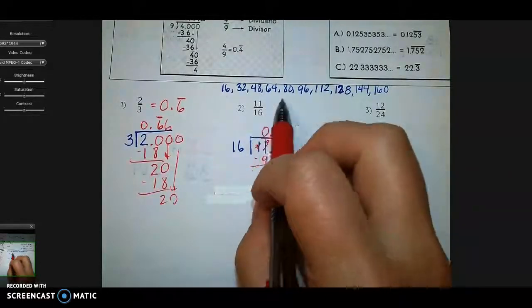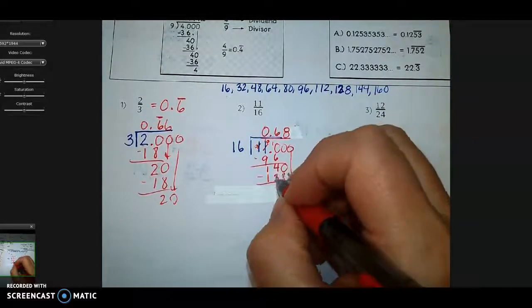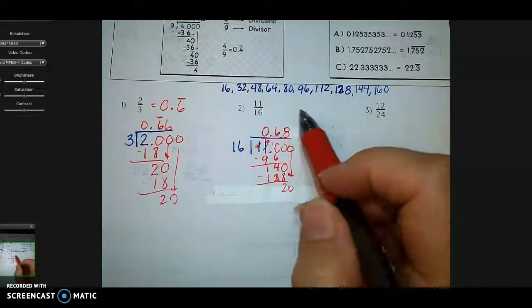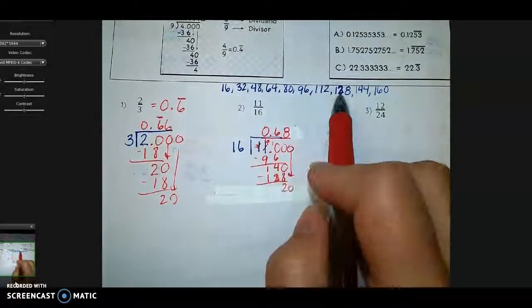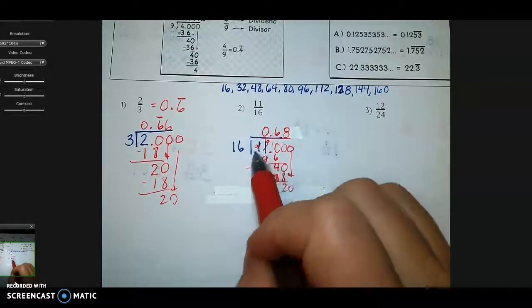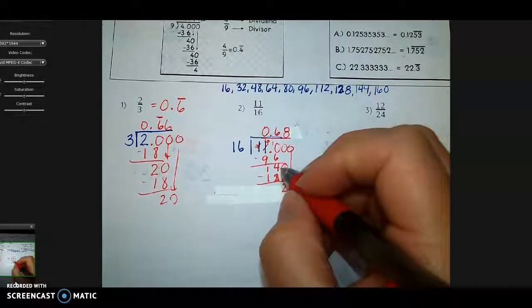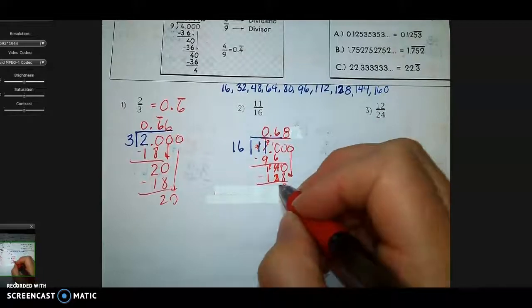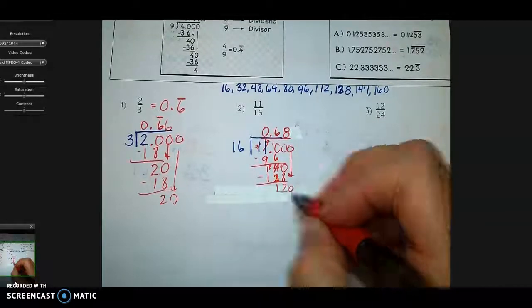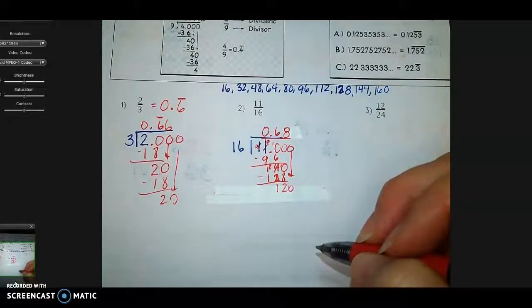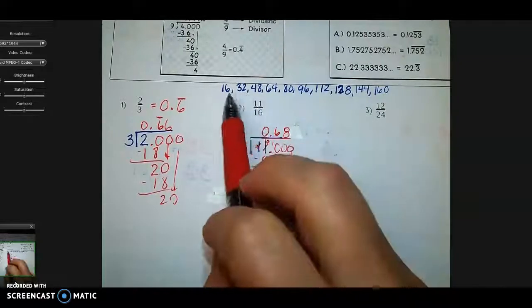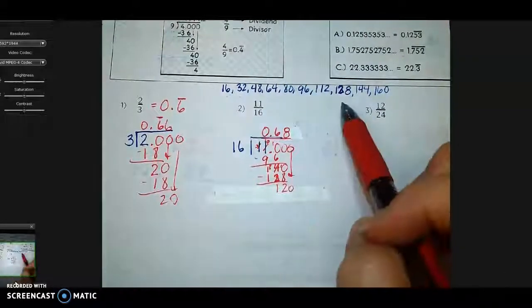If we continue to count up, we find that to get into 140, the closest I can get is the 8th time, which is 128. And when I do that subtraction, I end up with 120.